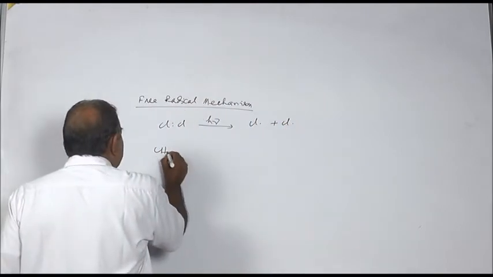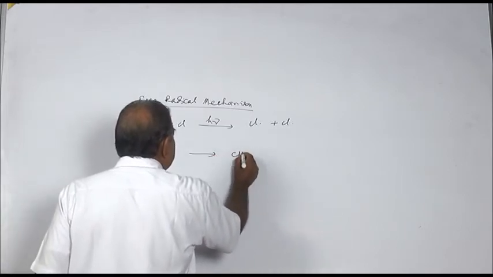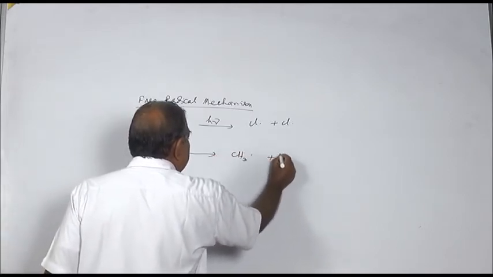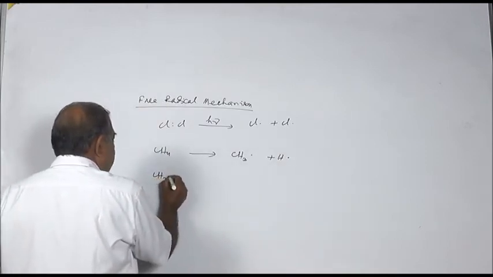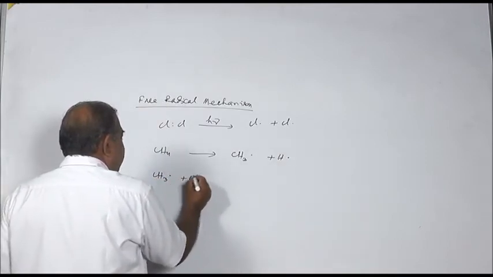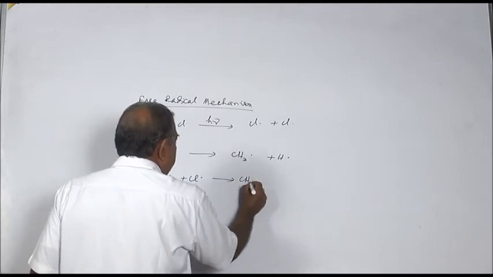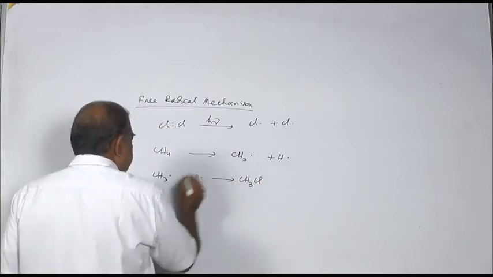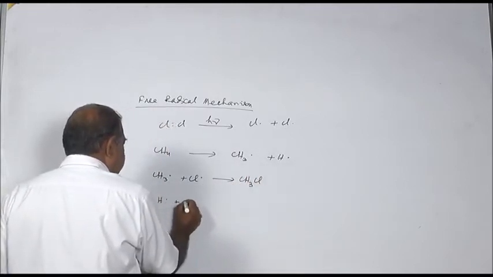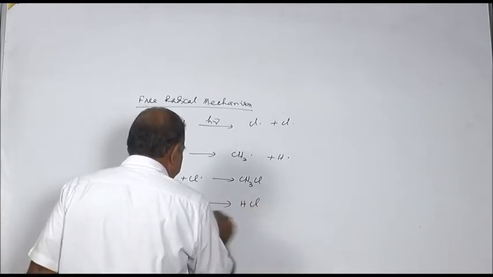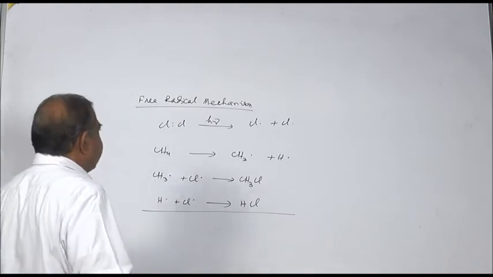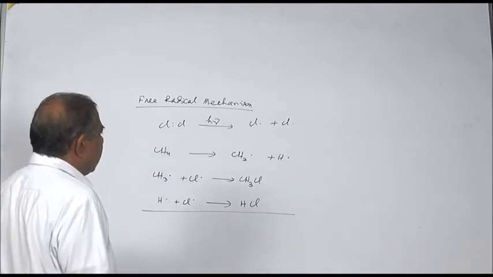Methane also breaks to give you methyl free radical and hydrogen free radical. Methyl free radical reacts with chlorine free radical to form chloromethane. Hydrogen free radical also reacts with chlorine free radical to form HCl. So this is the mechanism called free radical mechanism.